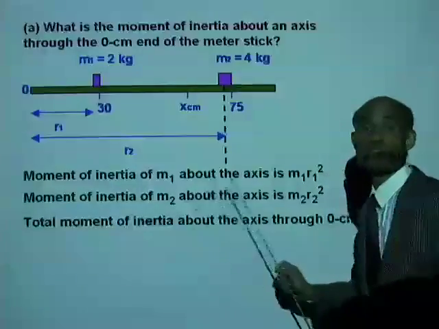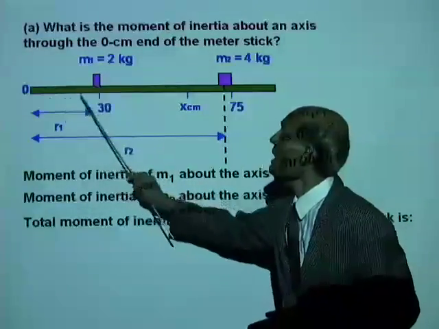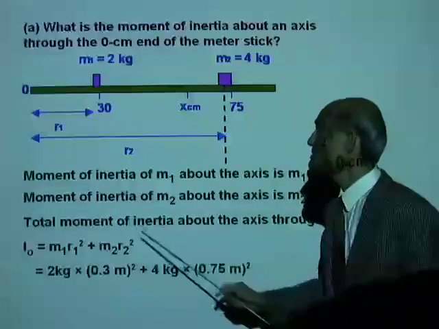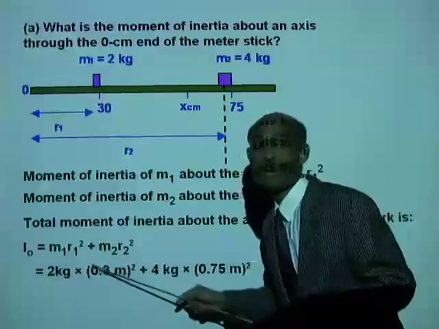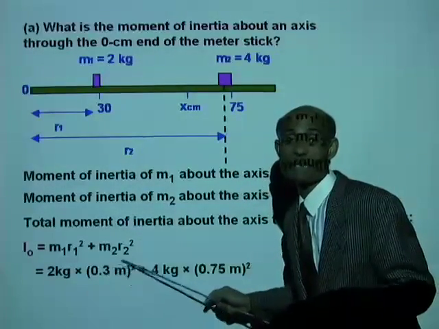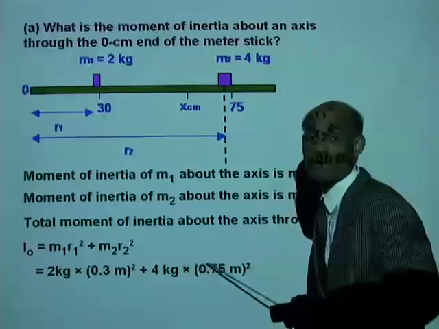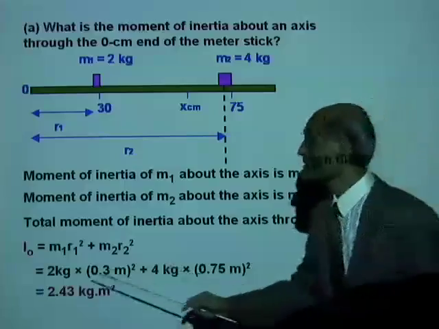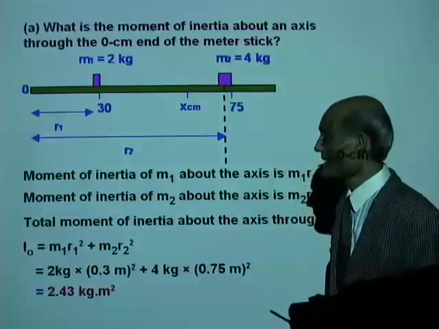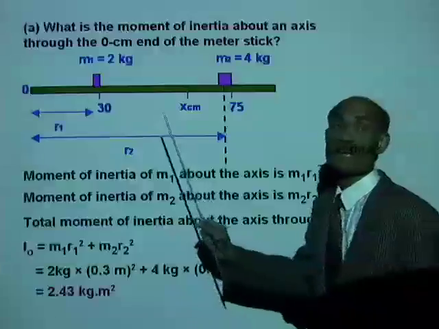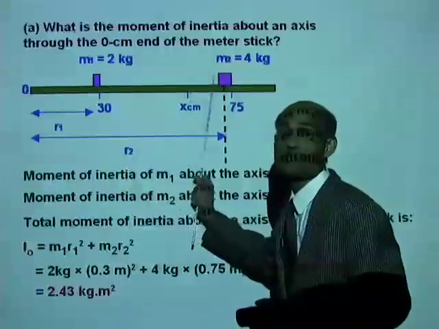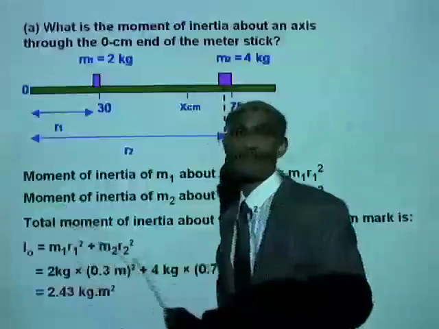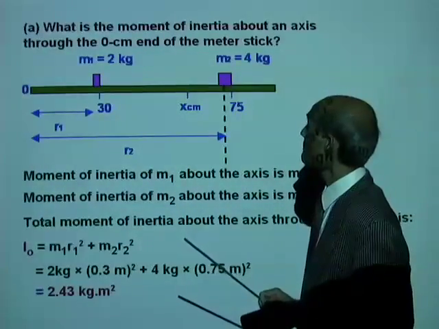The total moment of inertia will be m1 r1 squared plus m2 r2 squared. And we know those values. m1 is 2 kilogram, r1 is 0.3 meter, m2 is 4 kilogram, r2 is 0.75 meter, and that gives us 2.43 kilogram meter squared as the moment of inertia of these two objects about an axis passing through the 0 centimeter mark. Okay.